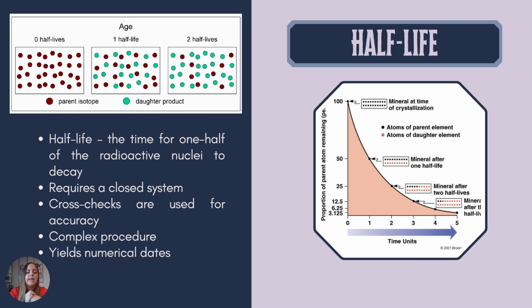Because we are only losing half of the isotopes every half-life, you will never actually see 0 parent atoms, but you will see a very, very small fraction left. So there might be a very tiny concentration of uranium left in a very, very old granite.